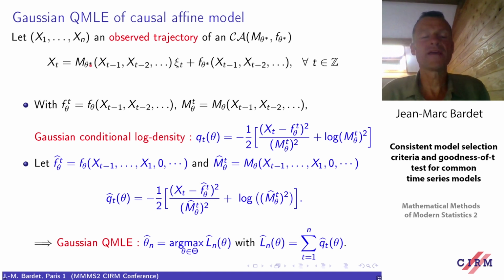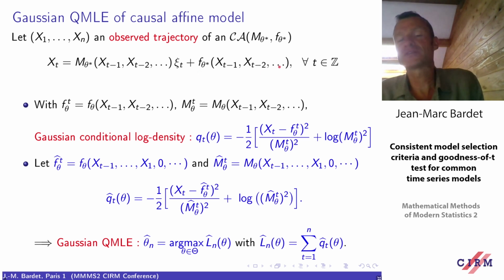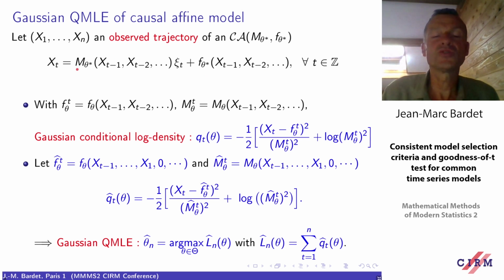In this way, the functional m_theta of the past values is a constant, and this second functional is also constant. So finally, conditionally on the past values, X_t is an affine function of epsilon_t, so it is also a Gaussian process.